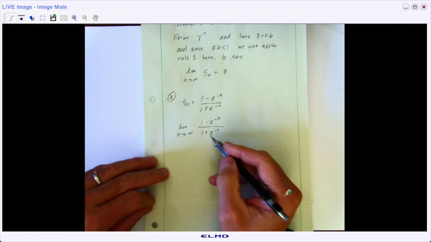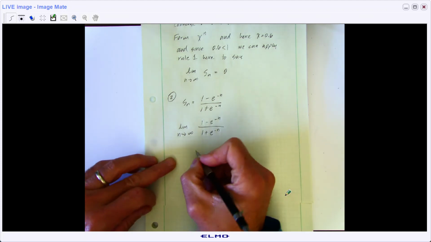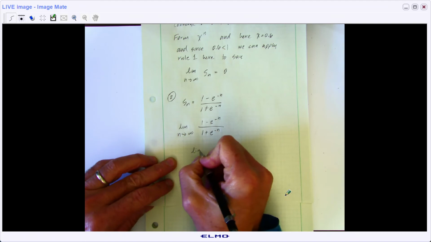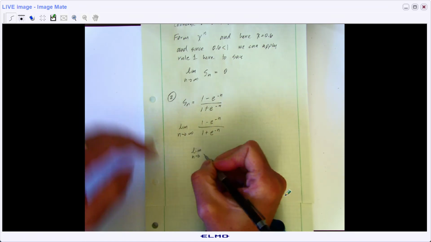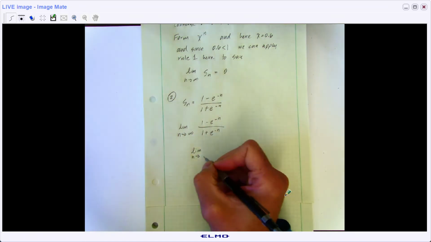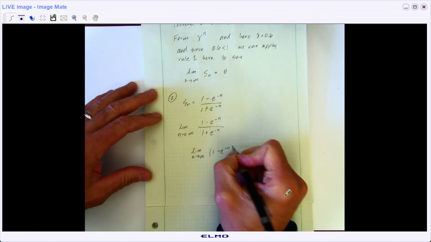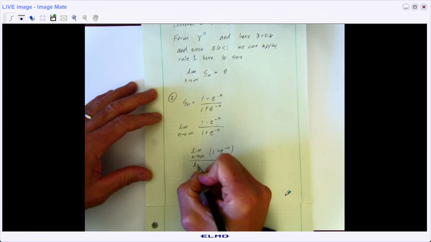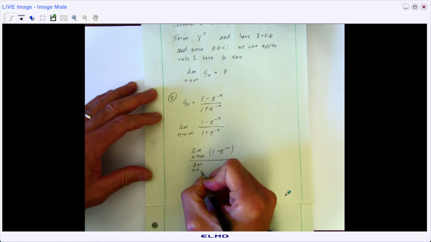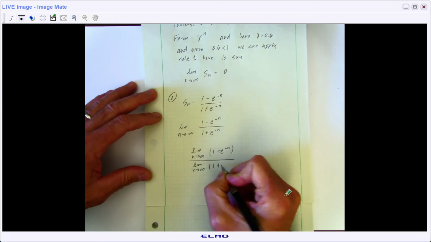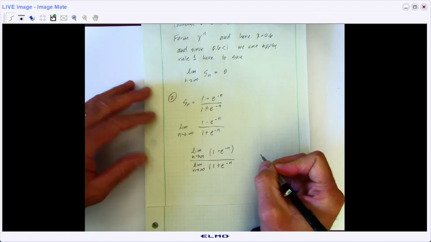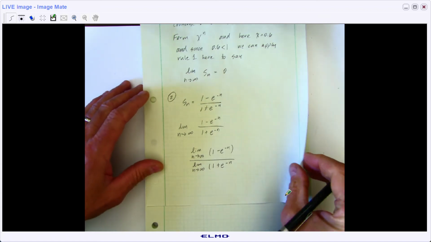Remember that the limit of a quotient is the quotient of the limits, so we can take the limit of the top, 1 minus e to the negative n, all over the limit of the bottom, 1 plus e to the negative n. Okay, so far so good.